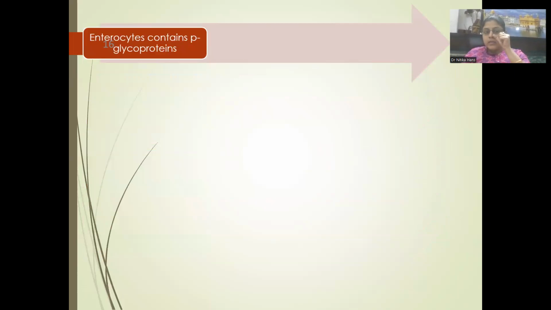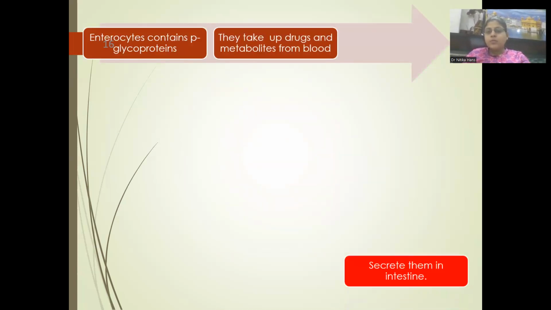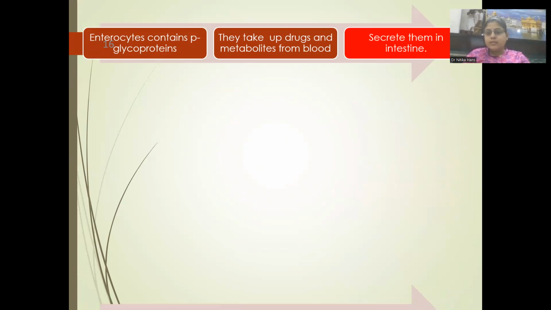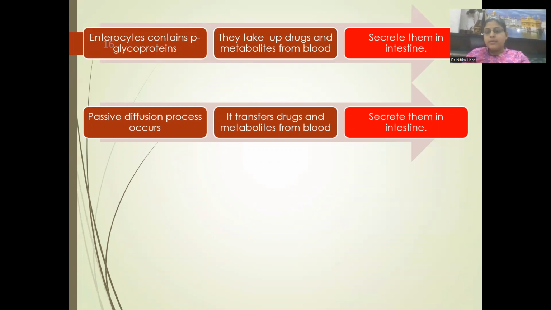Now, enterocytes, which are the cells present in the intestine, contain P-glycoproteins. They take up drugs and metabolites from the blood and secrete them in the intestine. Passive diffusion also transfers drugs and metabolites from the blood and secretes them in the intestine.